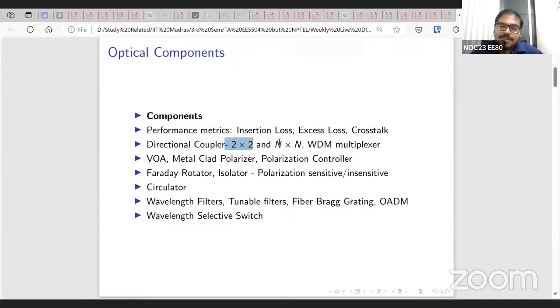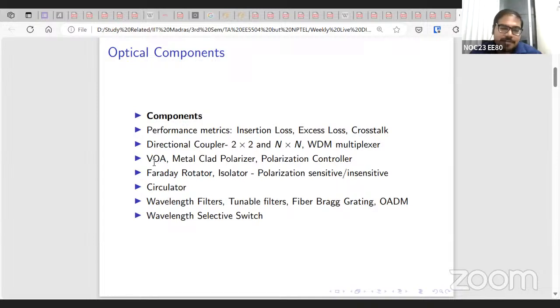You will be using the expressions. Then after discussing how to construct these 2x2 directional couplers, we also told how N cross N or star couplers can also be made, and they can be used as a WDM multiplexer also.